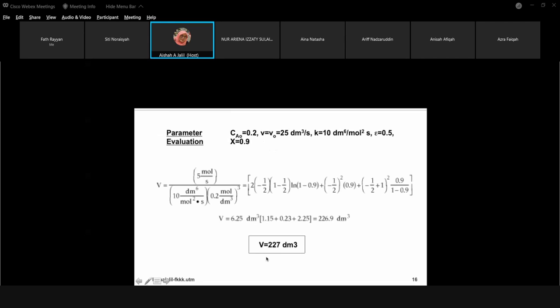Maybe if you get this kind of question, they will ask you which one is better, okay? So to minimize the material or cost, you will choose the V of the PFR rather than the CSTR if you want to achieve the same conversion. Okay, you can see the difference.